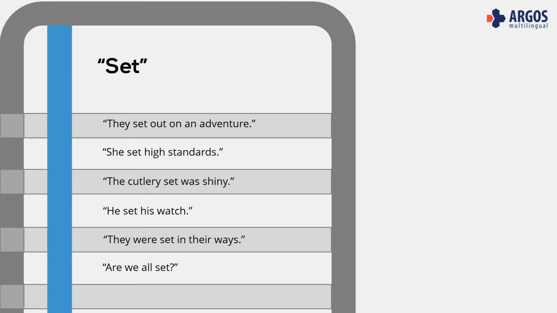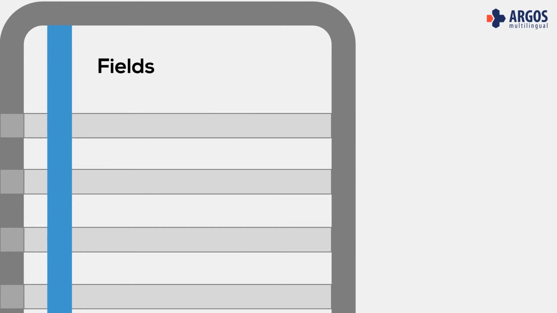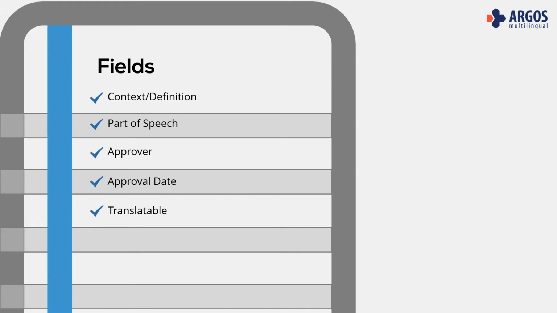In order to establish or set the correct translation for the term, it would need to be classified using metadata. This usually means a database field which contains context and/or a definition, another for the term's part of speech, and ideally others for the name of the person approving a translated term and the date they approved it.